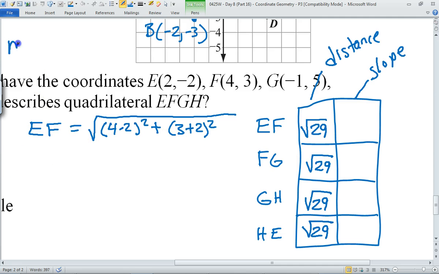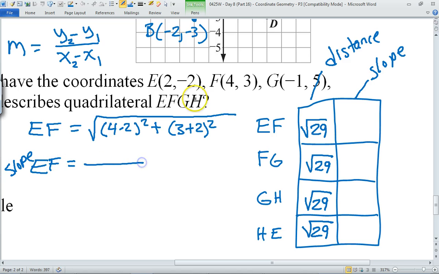Remember that the formula for slope is y minus y over x minus x. And the order does matter, so we can think y2 minus y1, x2 minus x1. And again, I'm just going to do one of these, and then I'm just going to cheat after that. So if I do the slope of EF, for example, I'm going to do y minus y.